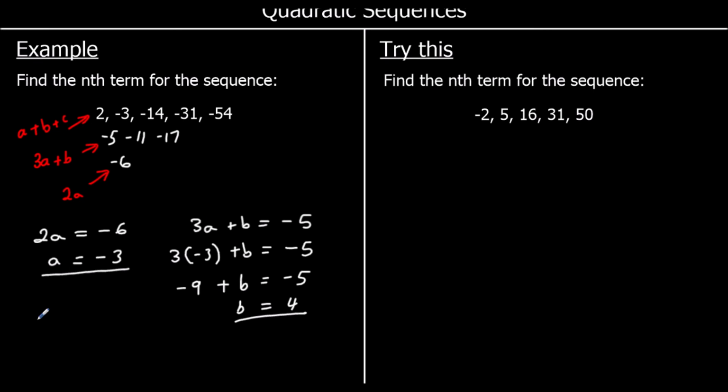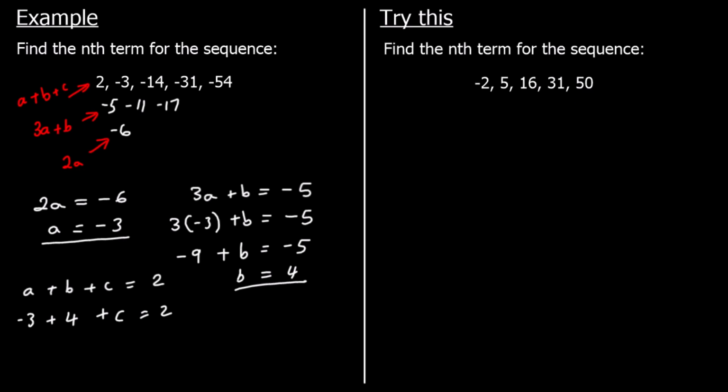And a plus b plus c is 2. So negative 3 plus 4 plus c is 2. Negative 3 plus 4 is 1, so 1 plus c is 2. So take 1 away from both sides. C is 1.